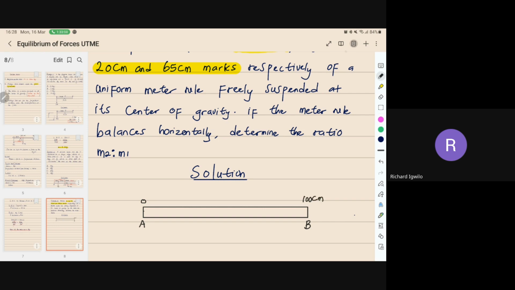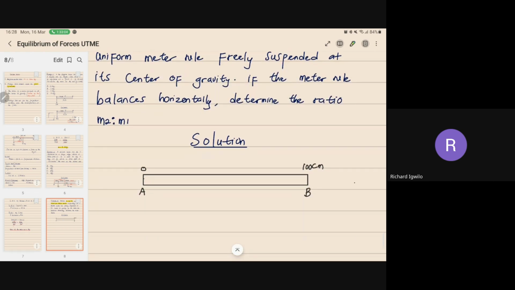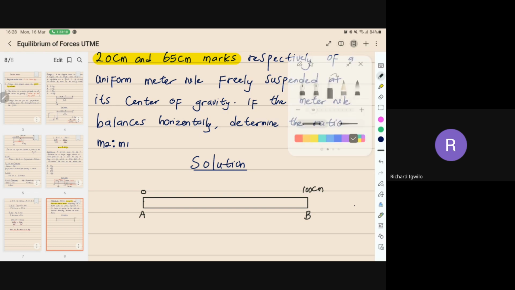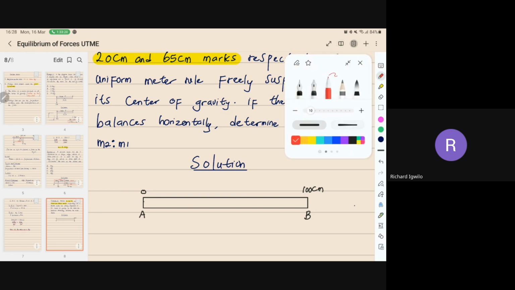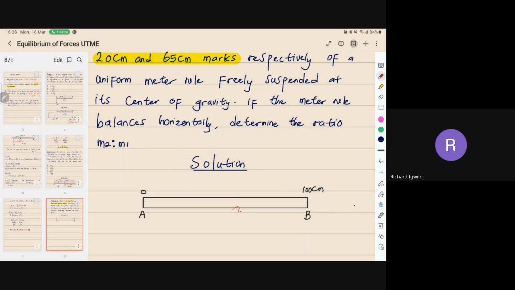So they said the 2 masses at 20 centimeter and 65 respectively are suspended at its center of gravity. So it's at the center of gravity, right? If the meter rule balances horizontally, what are we going to do? The pivot, your fulcrum, right, is at the center, isn't it?